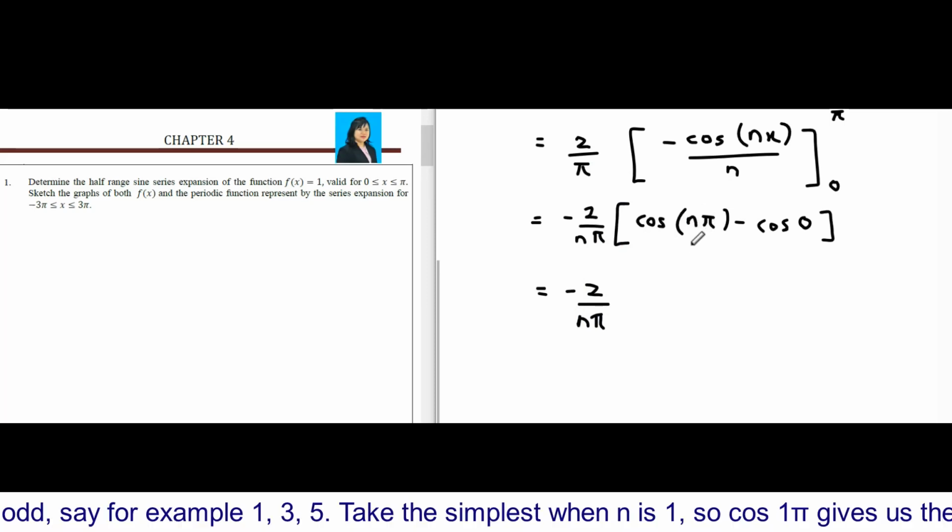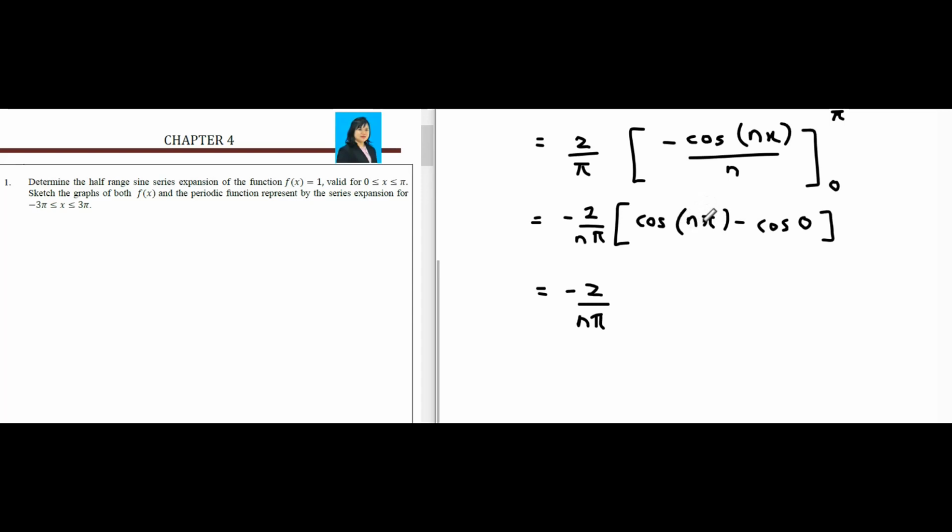So when n is odd, say for example 1, 3, 5, take the simplest when n is 1. So cos 1 pi gives us the value of -1.